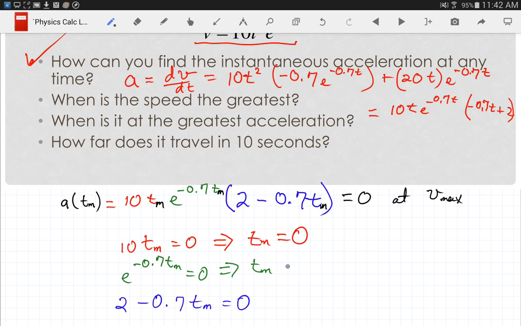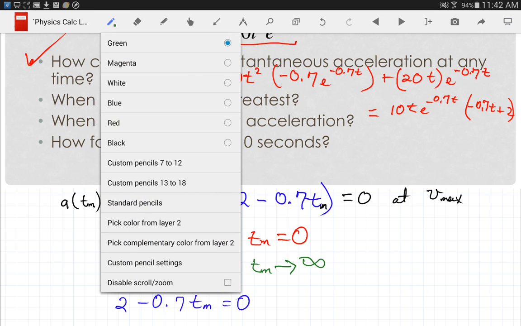Does anybody know the answer? You want to blurt it out? I mean, it's either not, or you could say maybe negative infinity. It's actually positive infinity because we have the minus sign in the exponent. Okay. So this approaches 0 as time approaches infinity. Okay, so we have 2 answers there. As you might guess, neither one of those are the answer we were looking for.